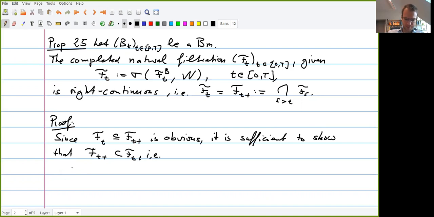So what does it mean? We want to show the following: if I have a set A in my filtration F_t plus, it means it's also a set in F_t. So this is what this statement is saying.